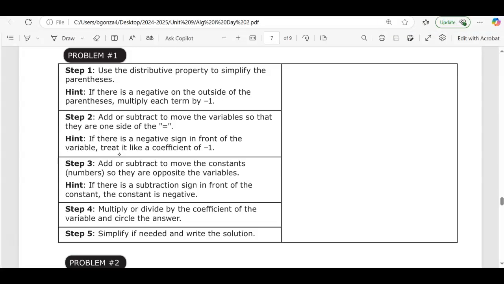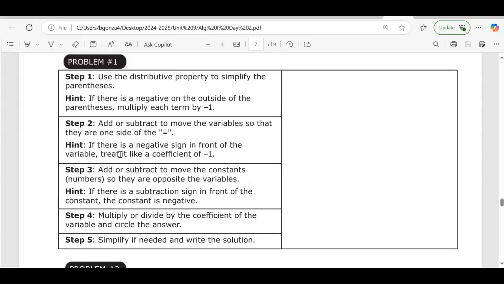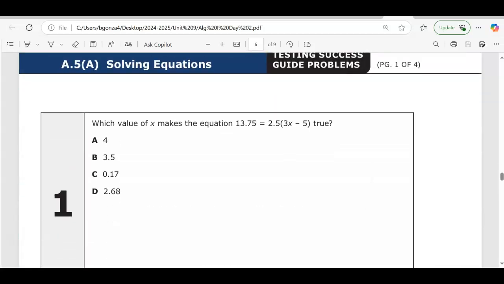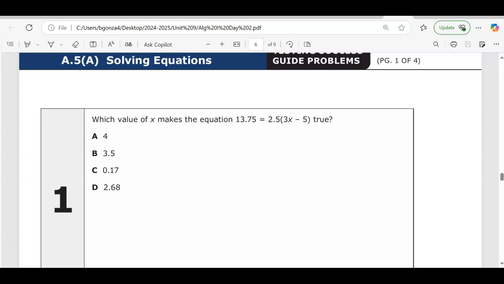All right, so problem number one. Look at your beige laminated paper, right? Number one says, which value of x makes the equation true?